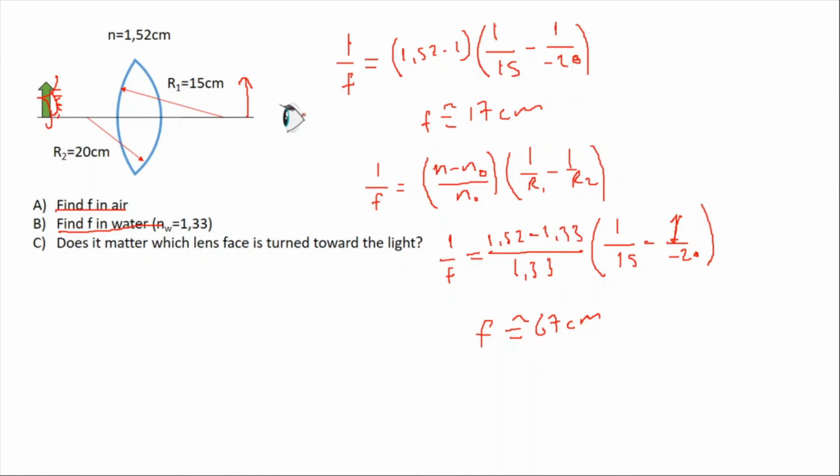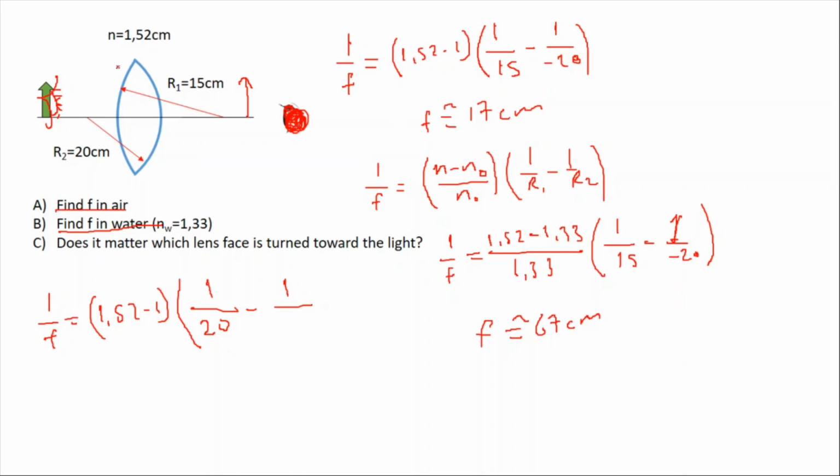Now, if you want, we can do a calculation if we are looking from this side and the object is on this side. Let's do it, for example, when it is in air. 1 over f equals, the index of refraction of the material is 1.52 minus 1. And now the object is here. This is the front surface. It is convex toward the object, that's why it will be positive, and its value is 20, minus, this is from the formula, 1 over the back surface.